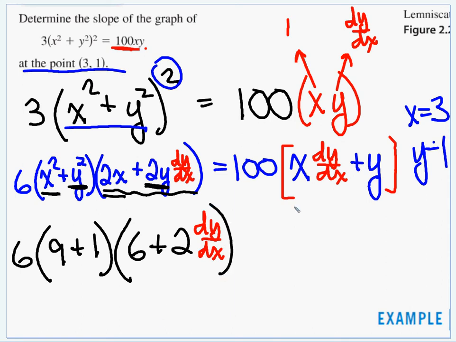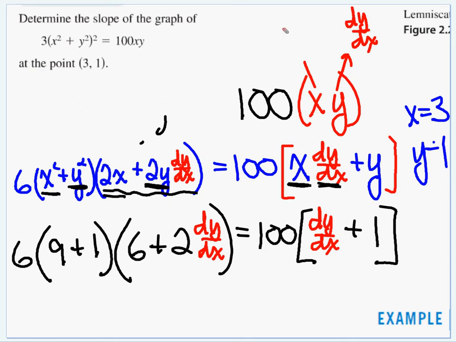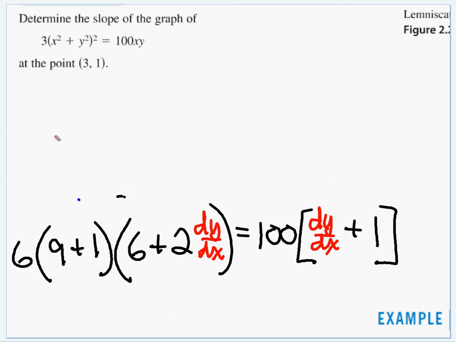And then on the other side of the equals, we have a 100, and then our bracket. x is a 1 times dy dx, means we have a dy dx here. And then we have plus y, our y value is 1. Okay, very few chances of making mistakes now that we're going to be doing more arithmetic than algebra.